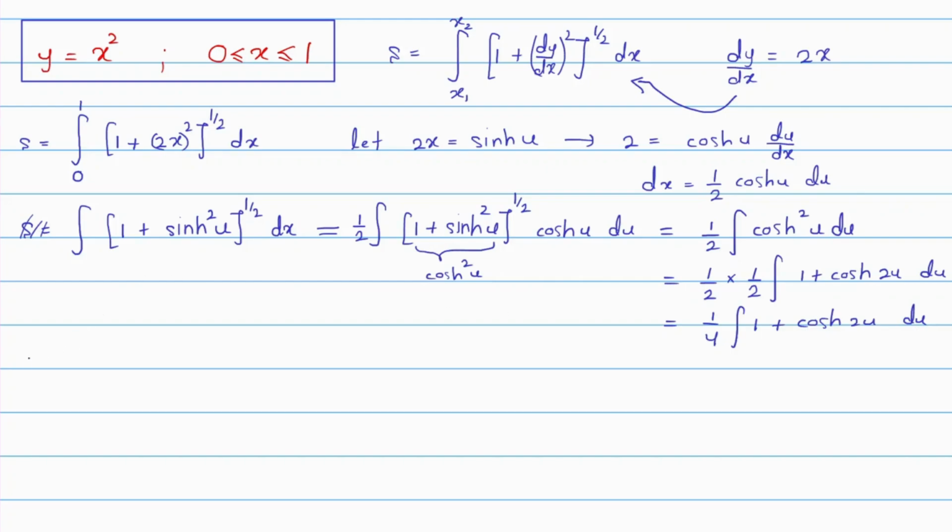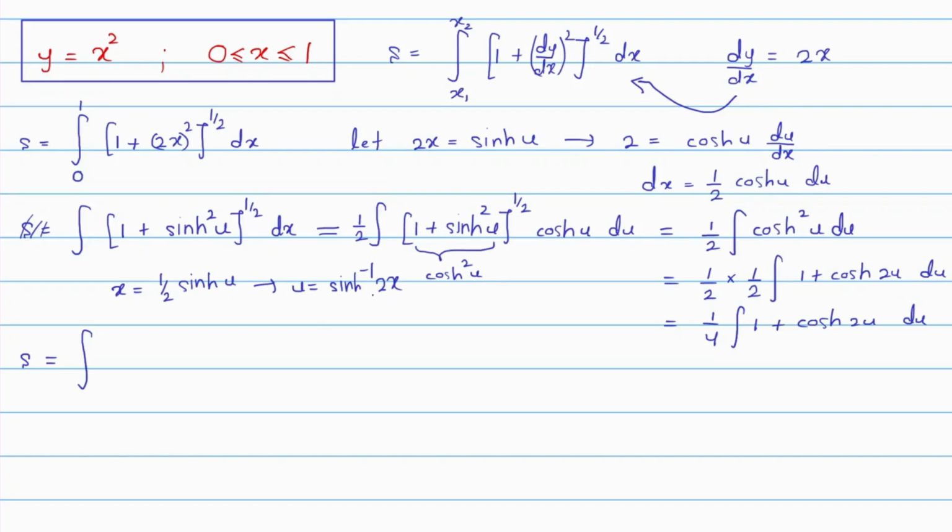Now let us consider s. We can now add the limits. So we know that x is equal to half sine u. So to get this in terms of u, we need u equals sine inverse 2x.